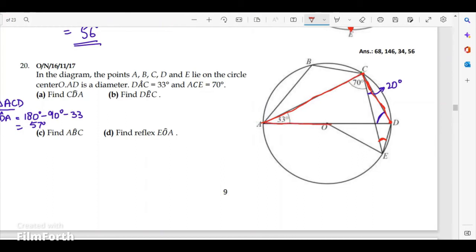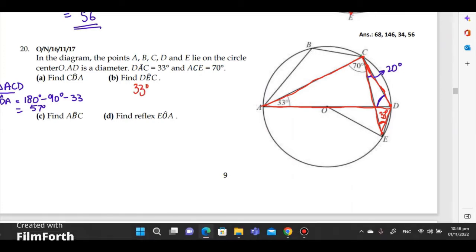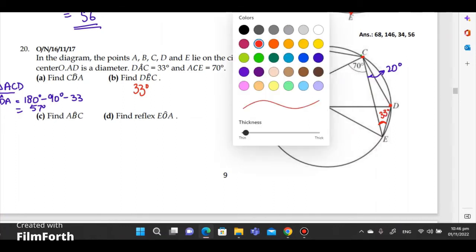So these two angles would be equal because they are being made by the same arc. So this would be 33 degrees as well. Okay, now we have to work out ABC.